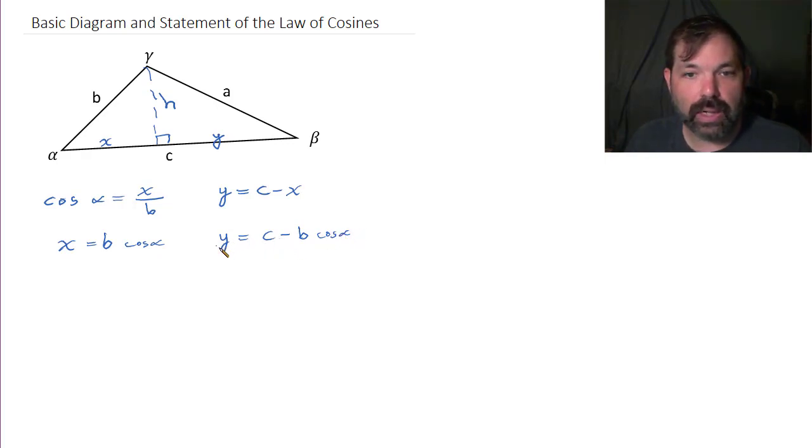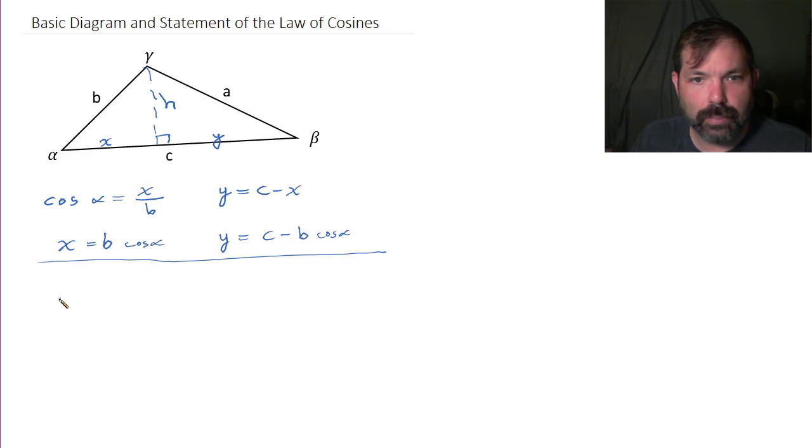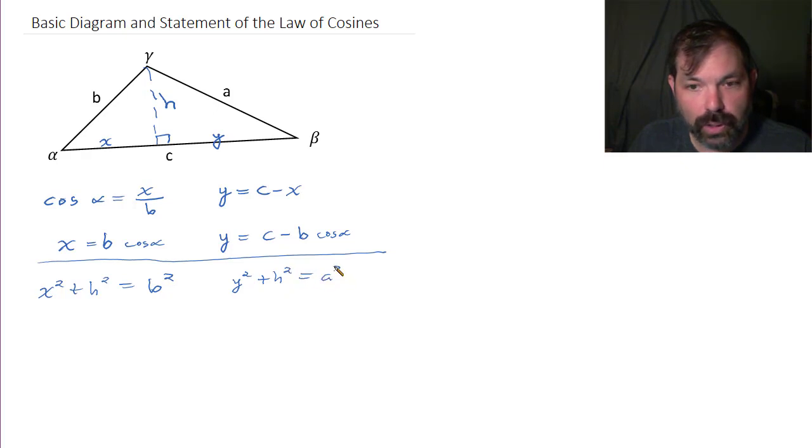Okay, so now we've got some stuff set up. Now we're going to come up with an expression involving a, b, c, and alpha. To do that, we're going to start by using, amazingly, the Pythagorean Theorem, not on the big triangle, but on the small triangles that we've created. Using the Pythagorean Theorem, I know that x squared plus h squared is b squared, and similarly, y squared plus h squared is a squared.